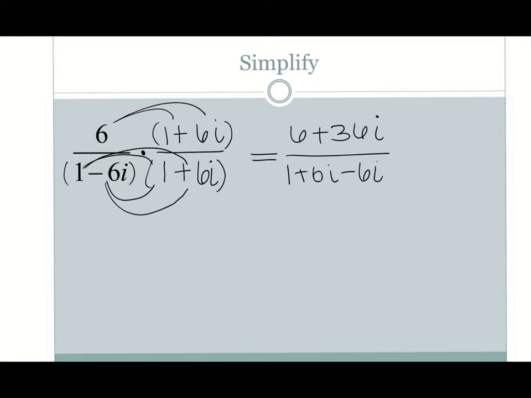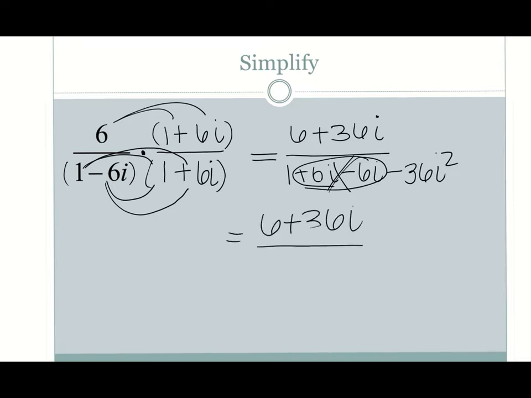And negative 6i times 6i, which is going to give us a negative 36i squared. My two middle terms cancel, so I'm left with 6 plus 36i divided by 1 minus 36 times negative 1.